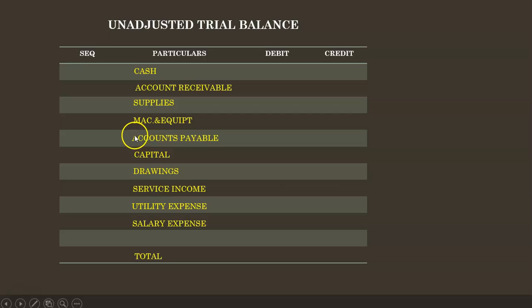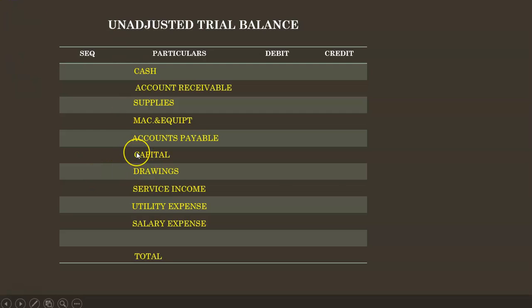Next ng asset is liabilities. We have here the accounts payable. So, since wala namang ibang liabilities, isunod na natin yung owner's equity. Bakit naman nauna yung drawing sa service income? Bakit nauna yung service income sa utility expense? Can you please check your expanded accounting equation?